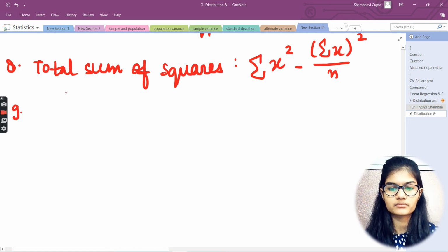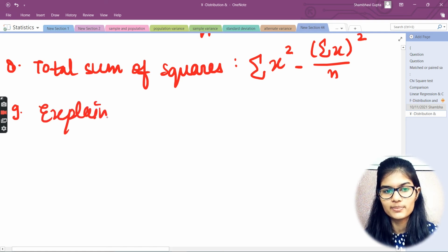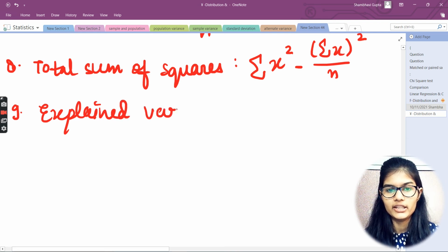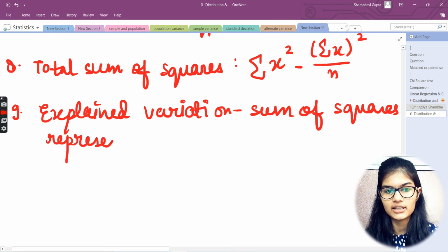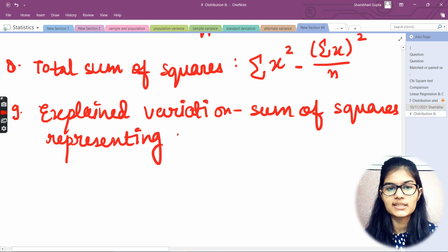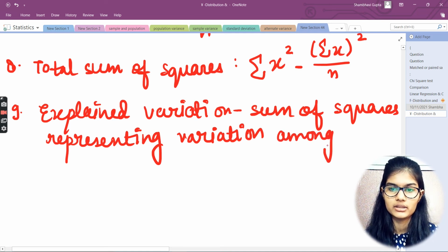Then we have the explained variation. Now we have a sum of squares representing the variation among the different samples.